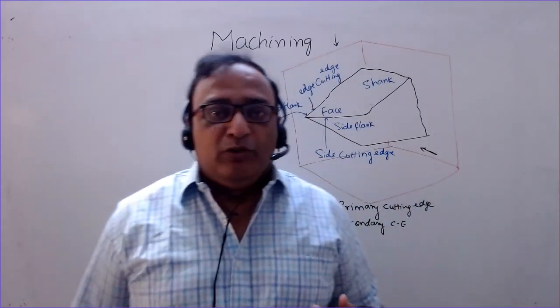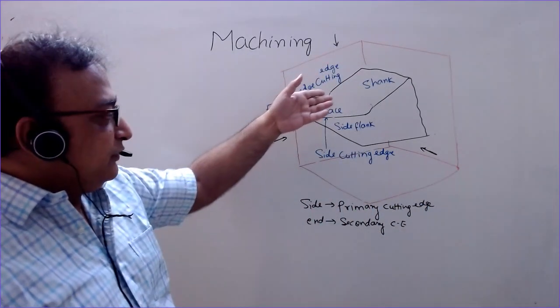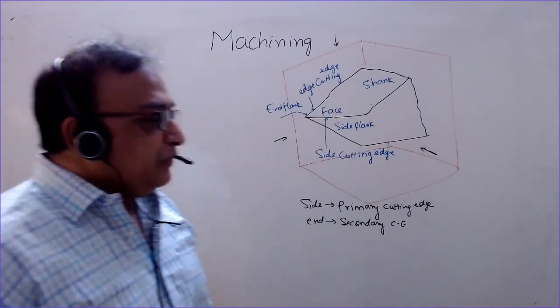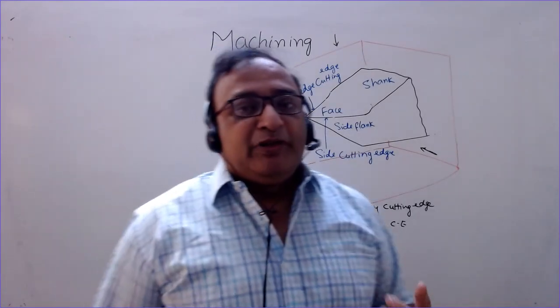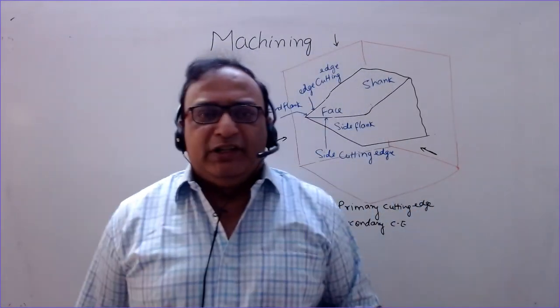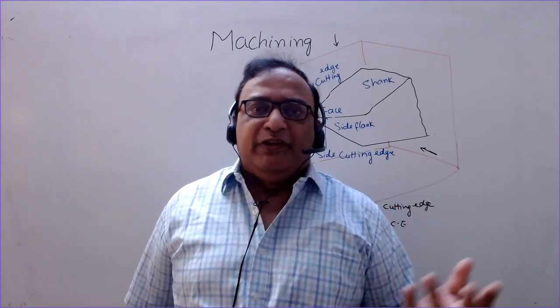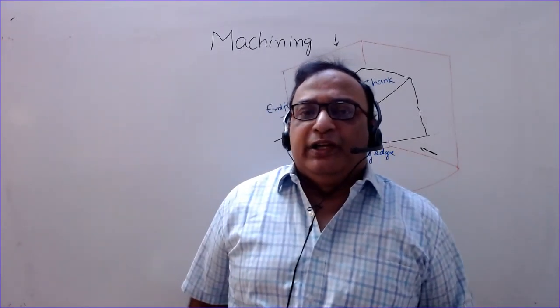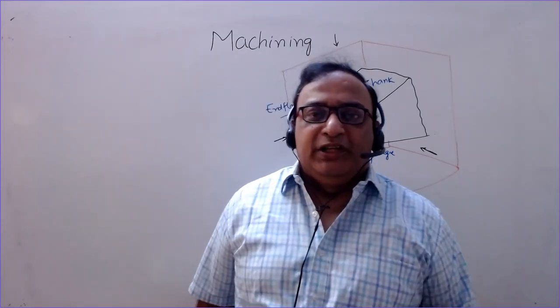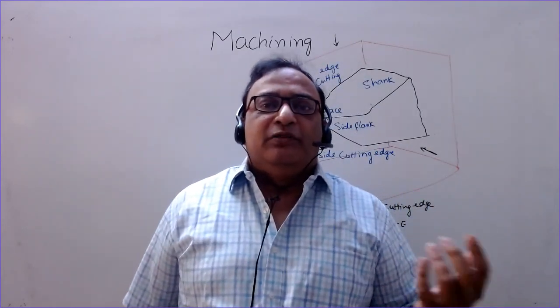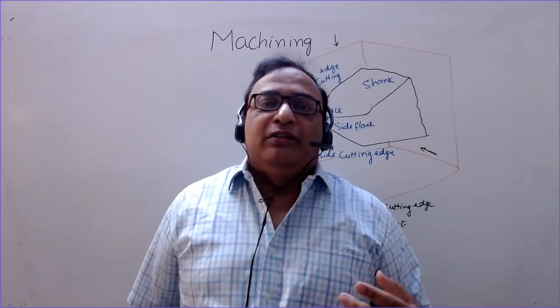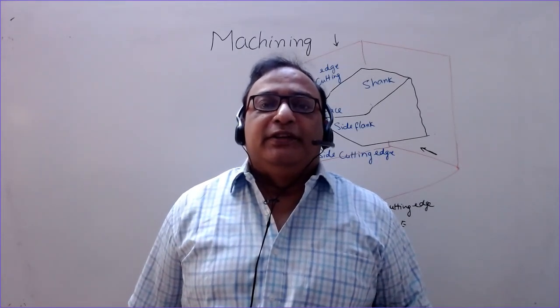Before this, let me tell you about the requirements of this shape of the tool. Initially, the tool is a prismatic bar, a bar of the tool material. We have HSS, high speed steel, or high carbon steel, or other advanced tool materials like ceramics.